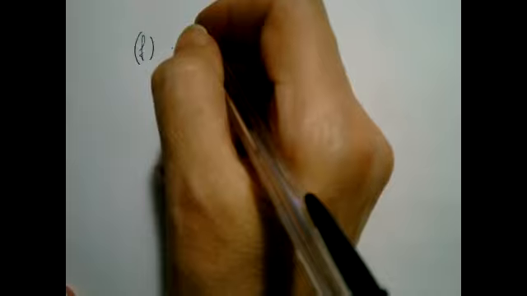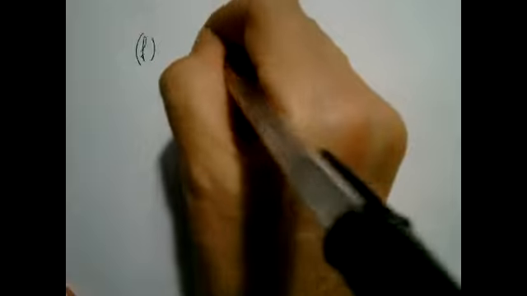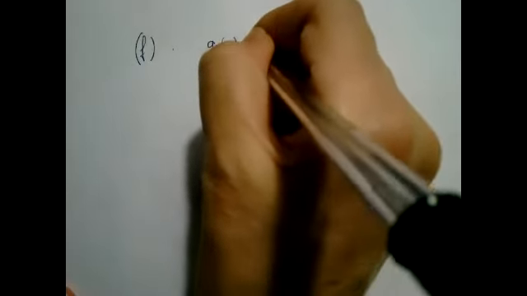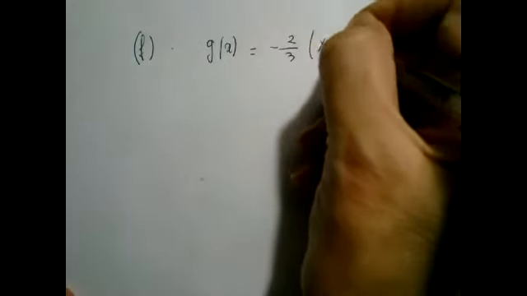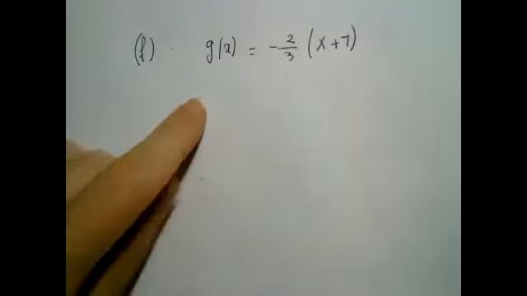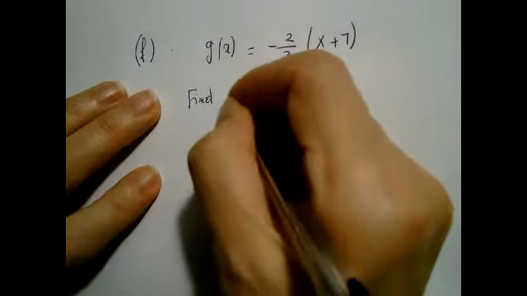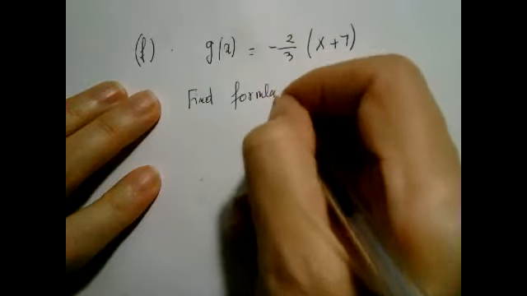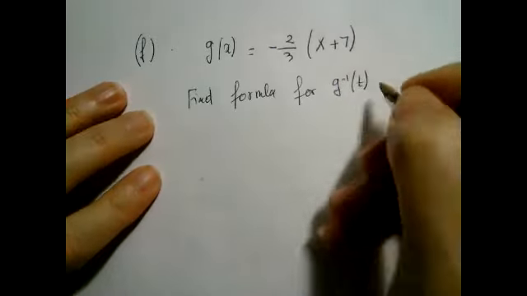So the other one, it was GF. I will do F. Okay. All right. We have G of X equal minus 2/3 times the quantity X plus 7. And the question is, find a formula for G inverse of t.